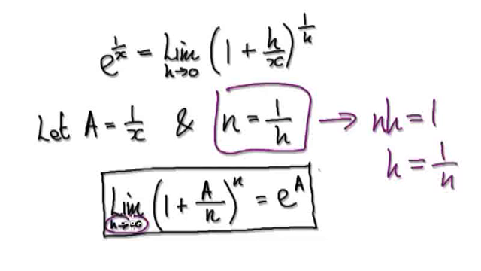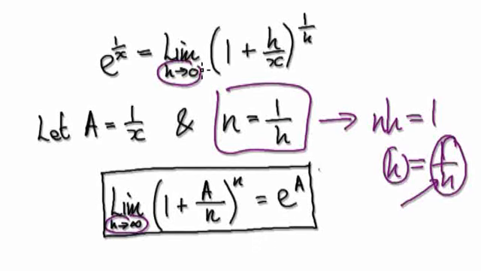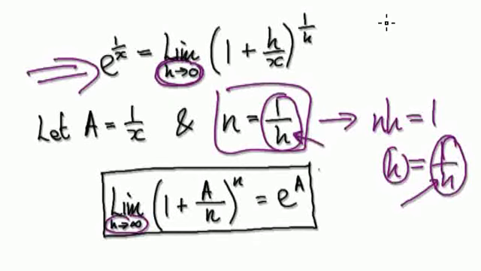As n heads towards infinity, this thing here will head towards 0, meaning h will head towards 0. That's this h heading towards 0. So let's work from this perspective. As h heads towards 0, 1 over something that's approaching 0 will be very, very big. So n is heading towards infinity.